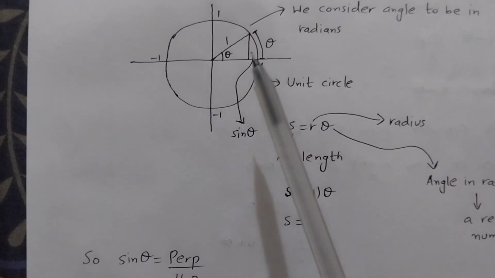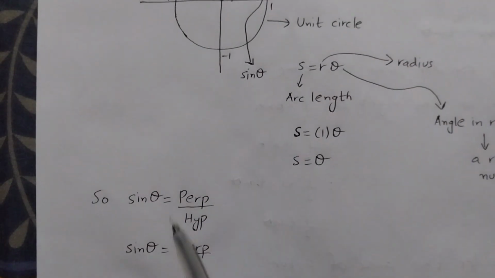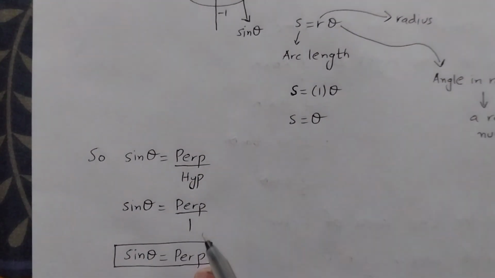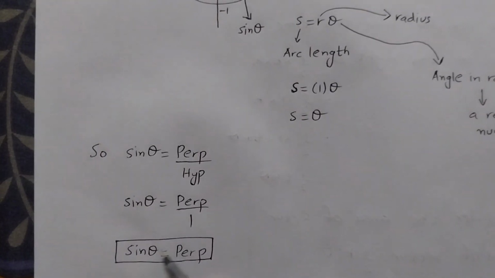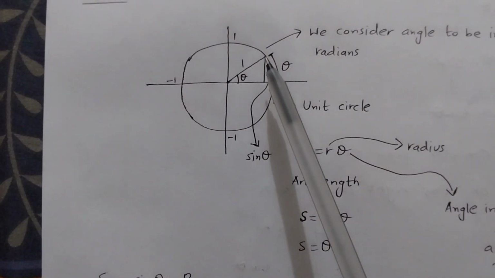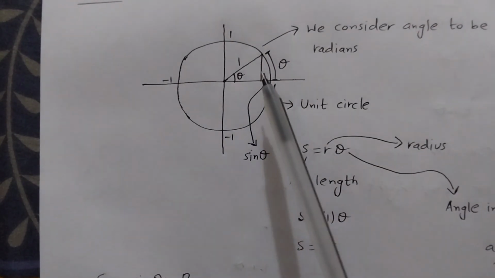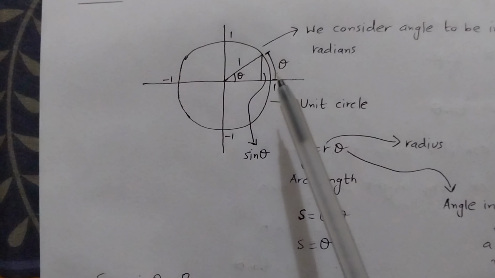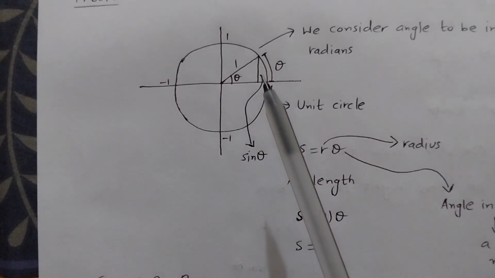So it is 1. Hypotenuse is 1, so sine theta is equal to perpendicular over 1. This means that the perpendicular of the right angle triangle is basically our sine theta.